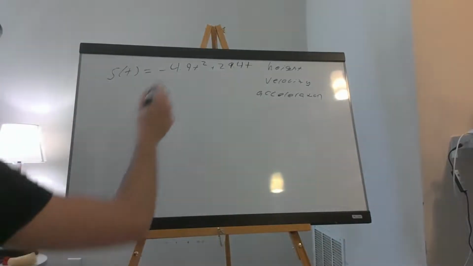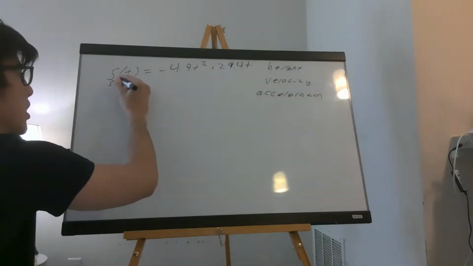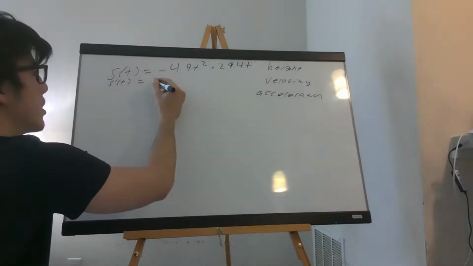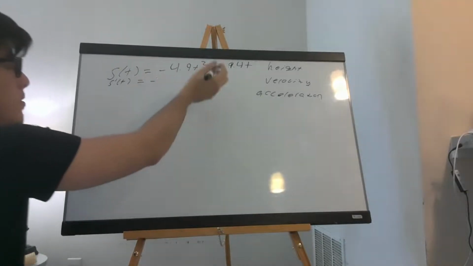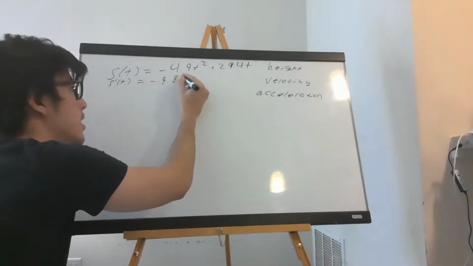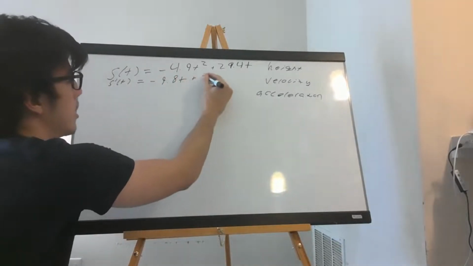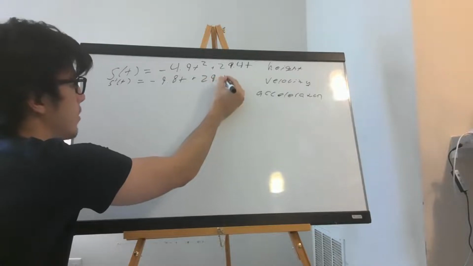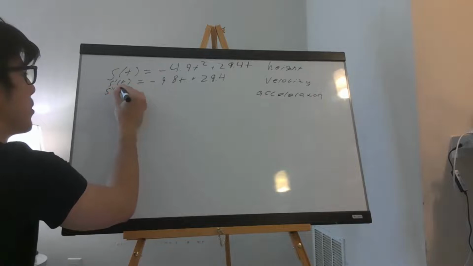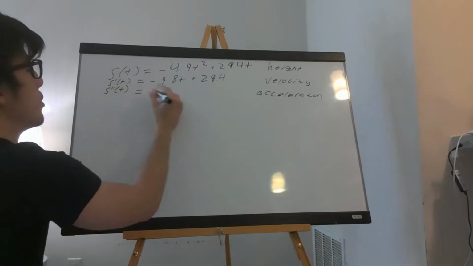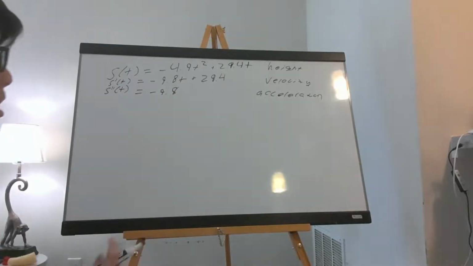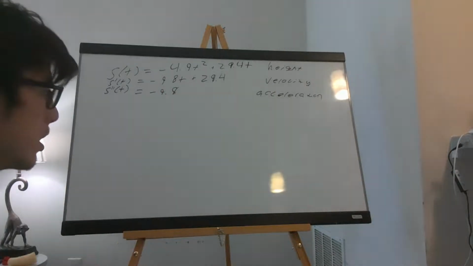So if we take the derivative of the height function, s prime of t, that's going to give us our velocity. So we're going to get negative 2 times 4.9, so 9.8 t plus 29.4. Then if we take the second derivative of this, it will just give us negative 9.8 as our acceleration.